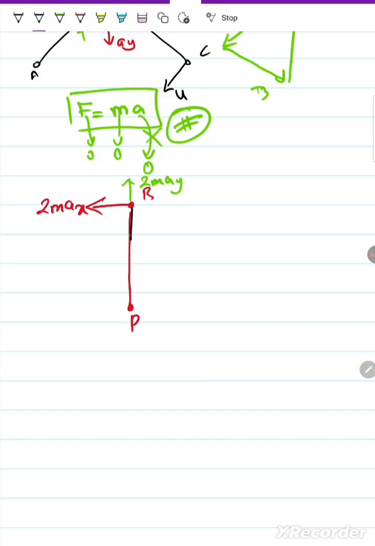Similarly, another force, tension, is acting on B. Since B has no acceleration with respect to P initially because it does not have any radial velocity, we know that radial acceleration is given as r double dot minus r theta dot squared, and also omega with respect to P for B is 0. That is why T is equal to 2m a_y. Equation 1.